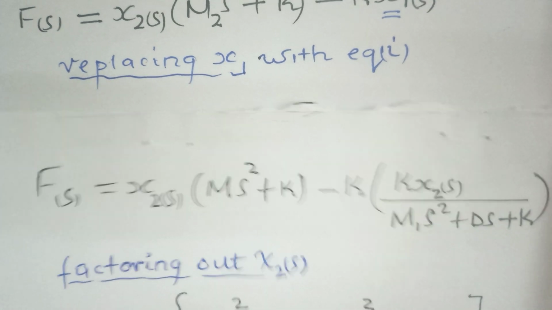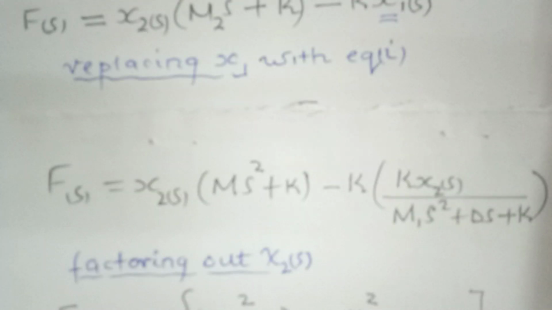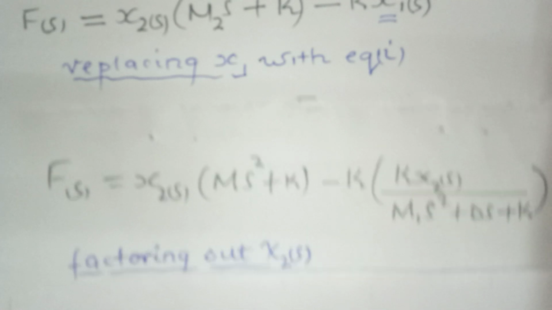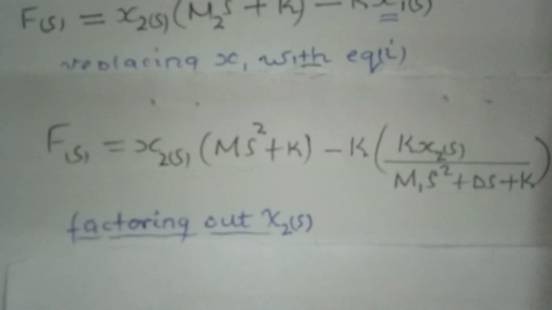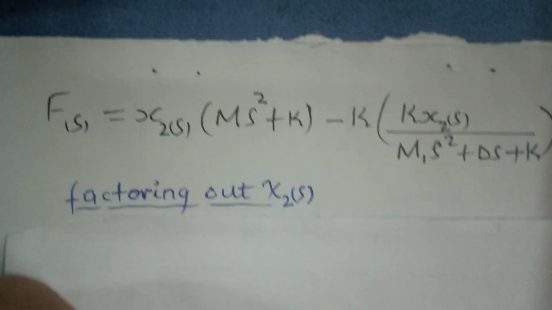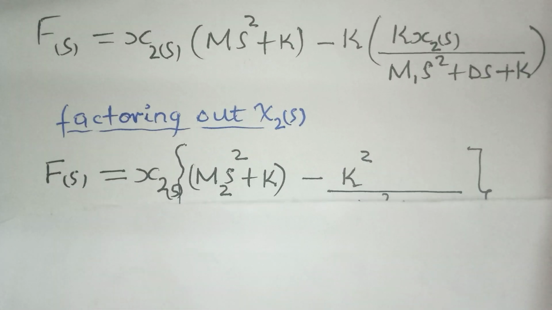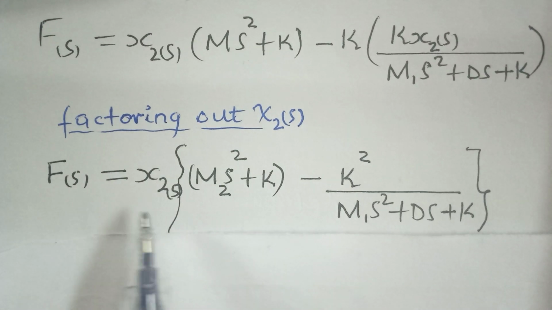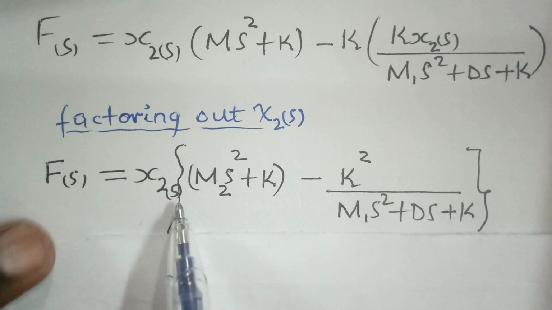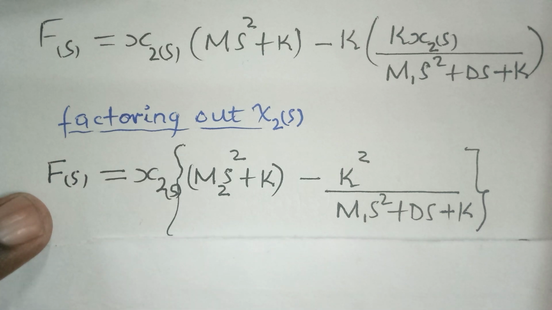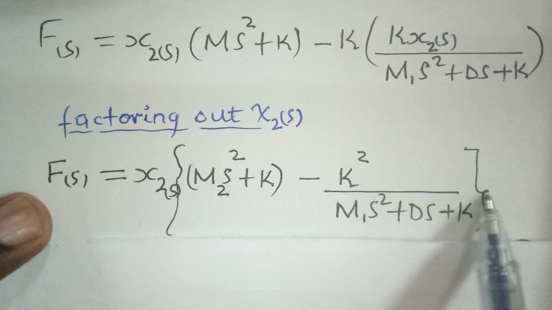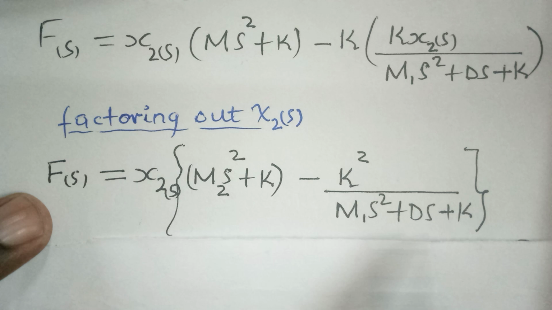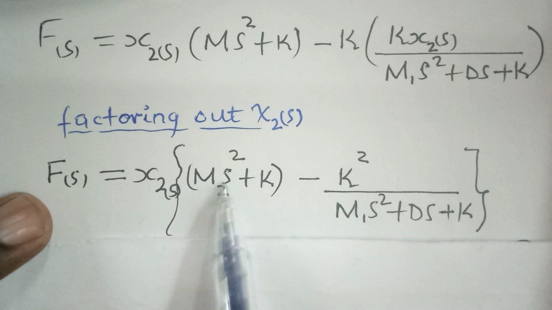After we have replaced that, we now factor out the x2. When we factor out the x2, this is what we get. Then we can make the whole of this under the same denominator, which means we multiply this and that.